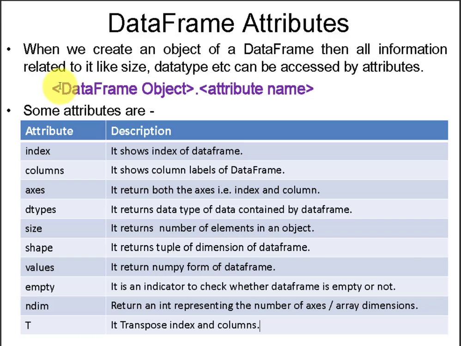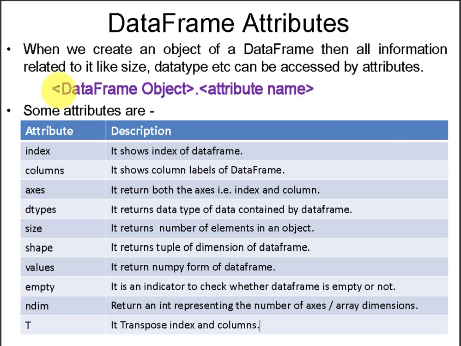The syntax is: data frame object, any object name that you gave in your program, that object name you will use, then the dot operator, and after the dot operator you will write the attribute name, which operation you want to perform, so that attribute you will call here.